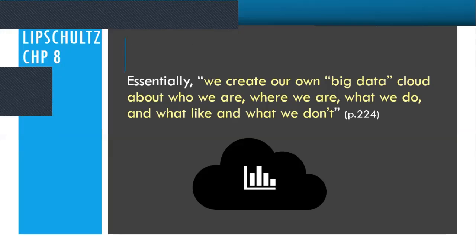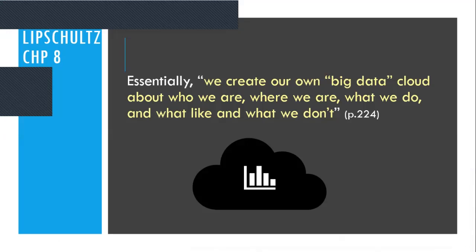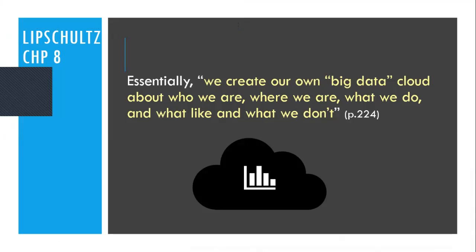Essentially, we create our own big data cloud about who we are, where we are, what we do, what we like, and what we don't like. And I would also include what we're not doing. Is it important for various users to see that we are not generally online between certain hours, or that we are online in certain hours?